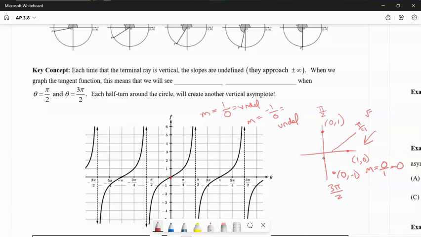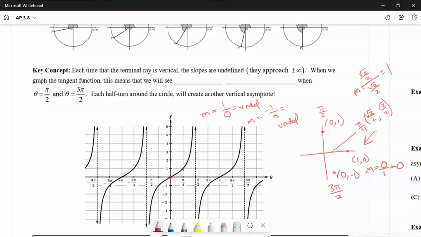Here that is the square root of 2 over 2 and the square root of 2 over 2. If I take the slope of that, it is just the square root of 2 over 2 divided by the square root of 2 over 2, which gives me 1. So when I'm at pi over 4, that slope would be 1. That's where we're getting these values, and that's why we have the vertical asymptote.